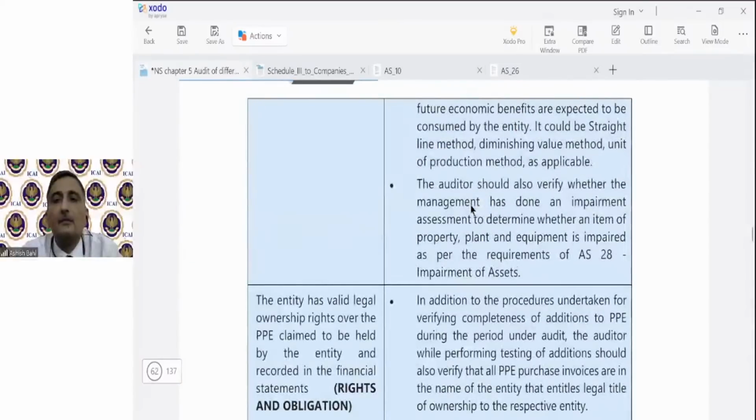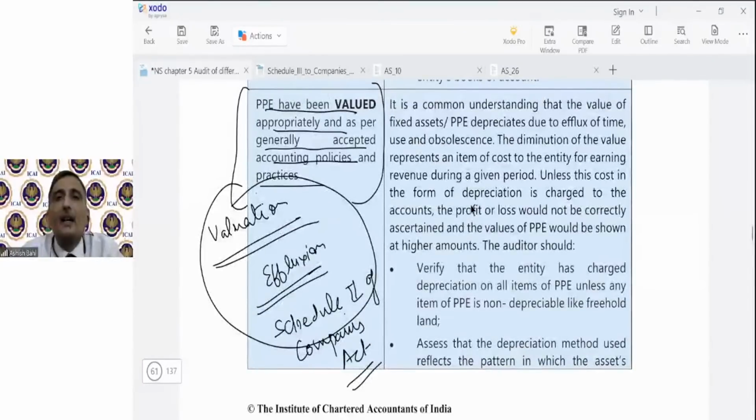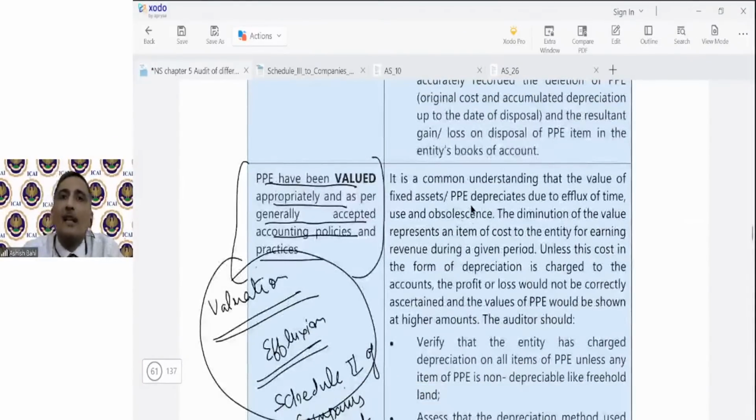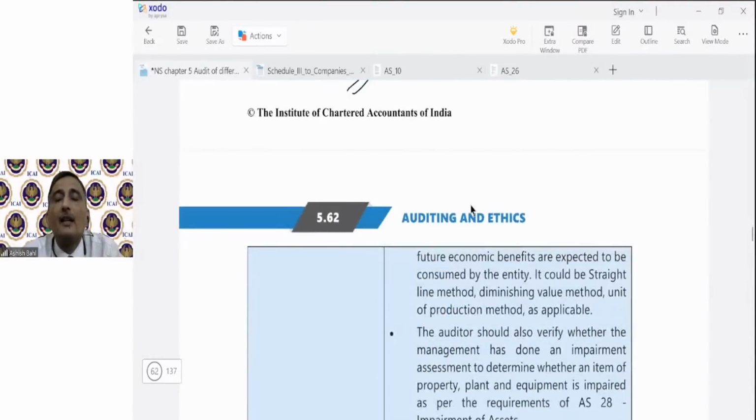तो उसमें ये वैल्यूएशन में ऑडिटर को देखना है कि डेप्रिसिएशन प्रॉपरली चार्ज है in accordance with the requirements of law, and what depreciation method has been used. Like you have read about straight line method and diminishing balance method. So in straight line method, the depreciation charge is the same every year, but not in case of diminishing balance method, where depreciation is charged every year on written down value basis.